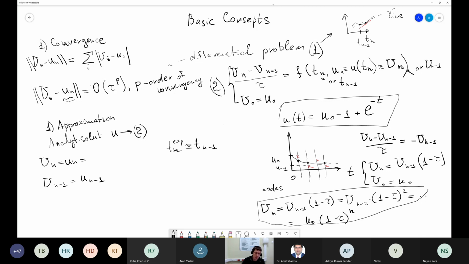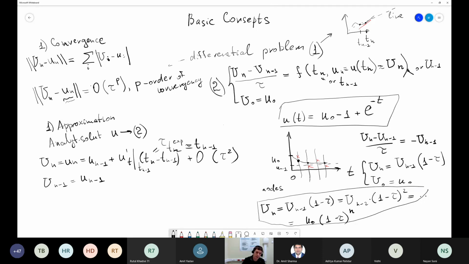So we will have here, initially, the value of the function itself at that point, u at n minus 1, plus the first derivative at the point t_{n-1} multiplied by the distance t_n minus t_{n-1}, plus O capital of tau squared.